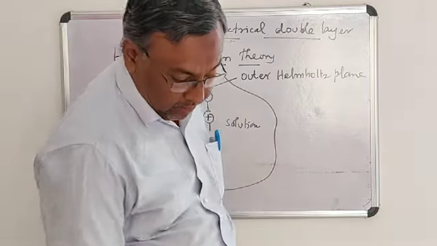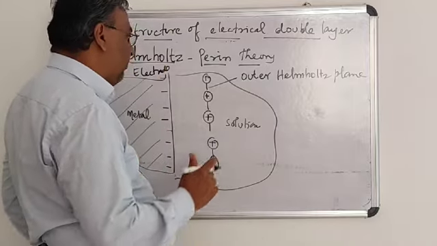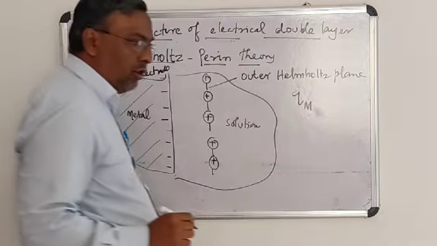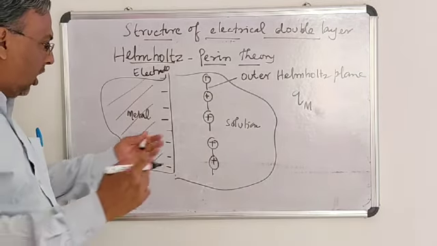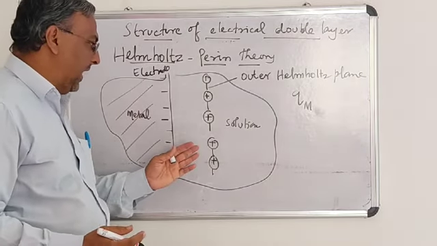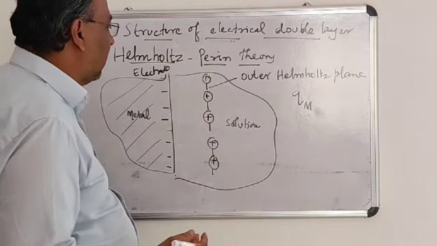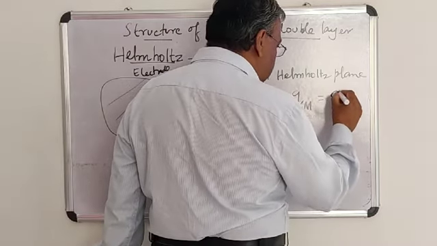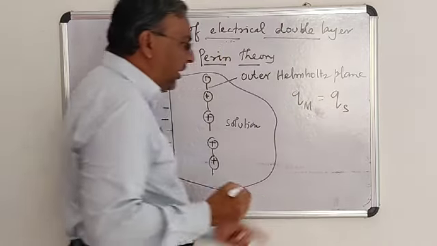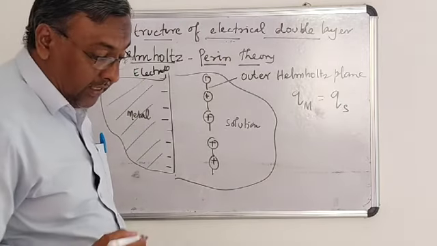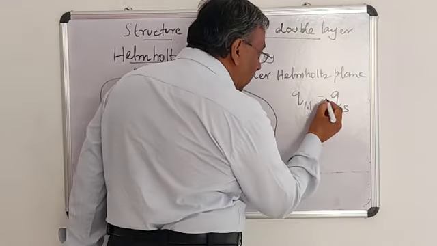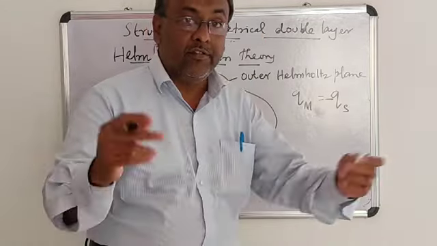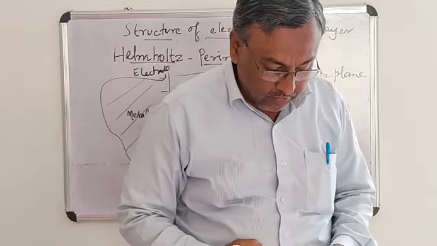For example, the charge density over the metal is represented as Qm, and the charge density on the solution side, which is adsorbed over the surface of the metal, is equal to it in magnitude but opposite in sign.